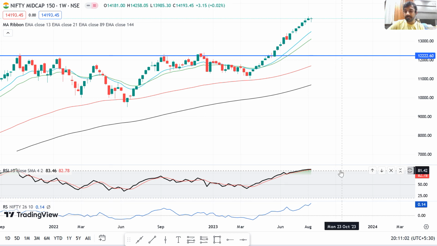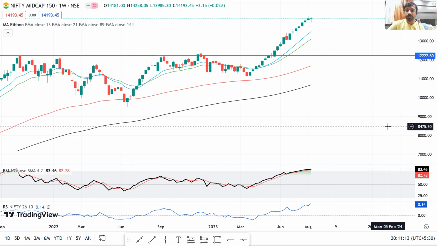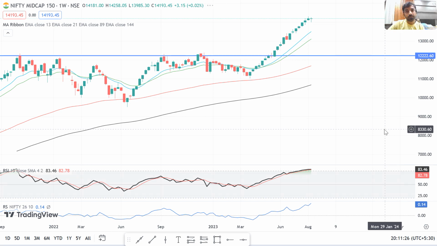If the latest value is above zero, the particular index or stock is outperforming Nifty for the last 26 weeks. I'm using 26 weeks because a year is 52 weeks, and therefore I'm using 26, meaning it is outperforming since 6 months. That's my logic behind using 26 over there.